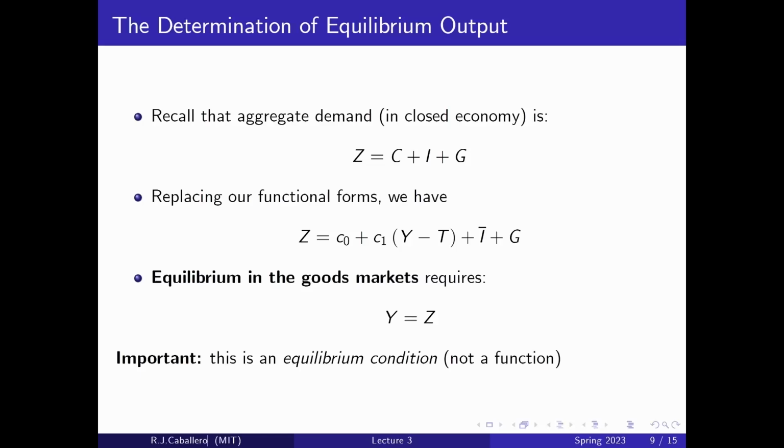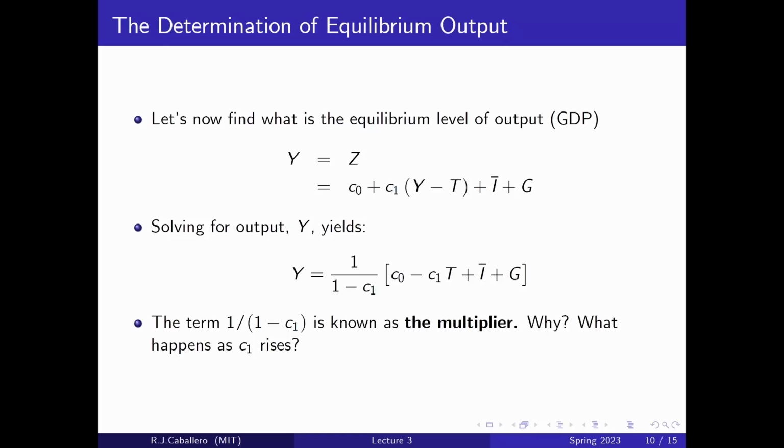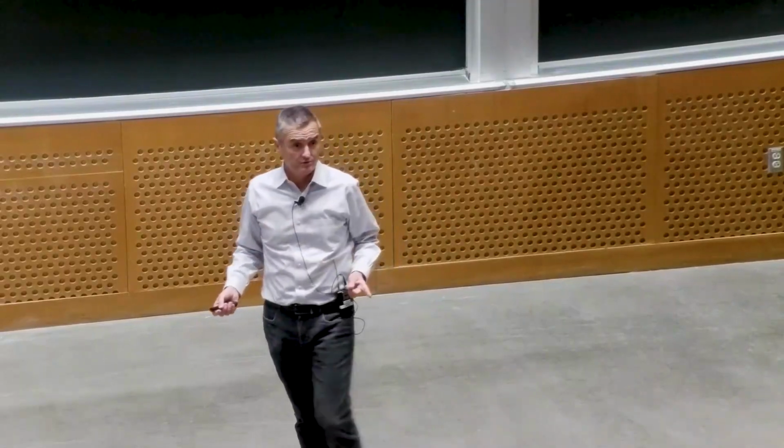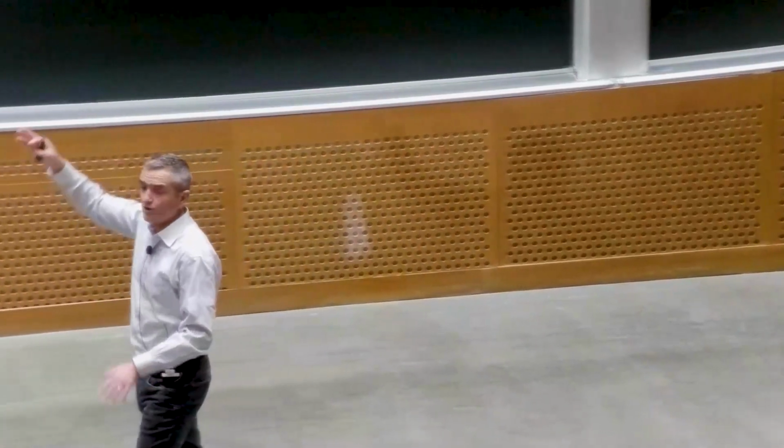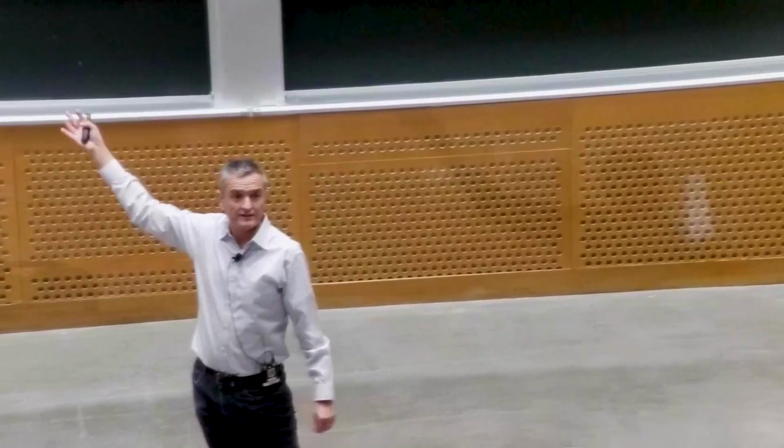This is the aggregate demand, and this is an equilibrium condition. In equilibrium, Z is equal to Y, and I can solve for equilibrium output from that equation. That's exactly what we did in this slide, and you got to an expression like this. Knowing how to do that is very important for you. So you better be sure that you know how to find equilibrium output in this model.